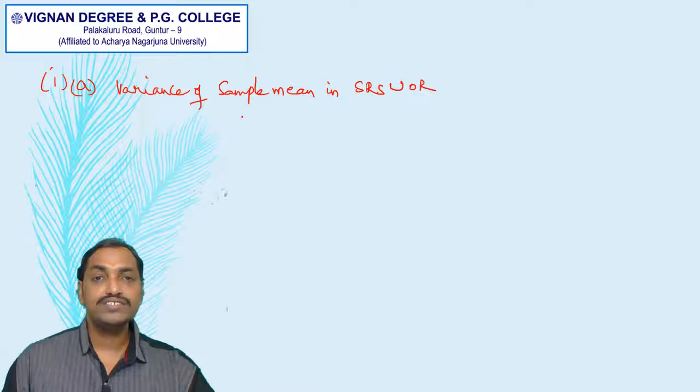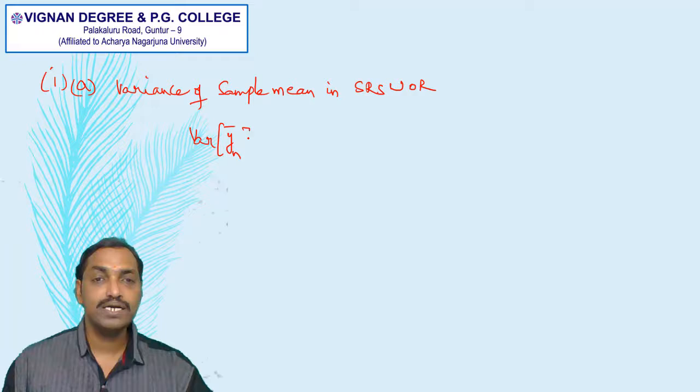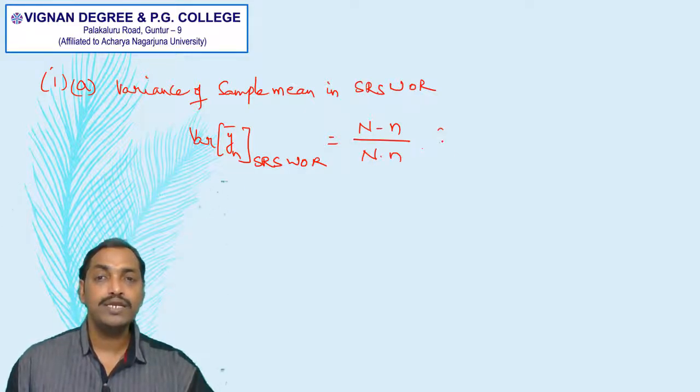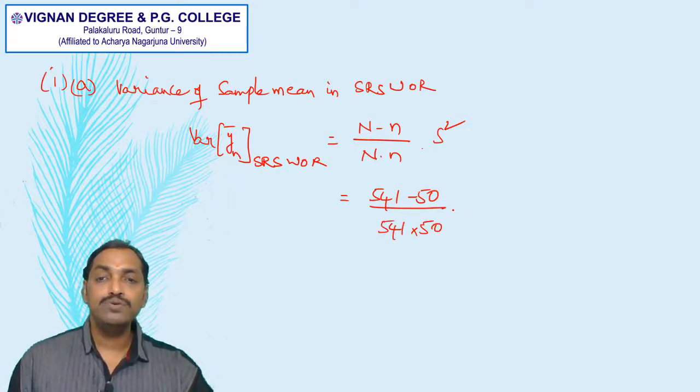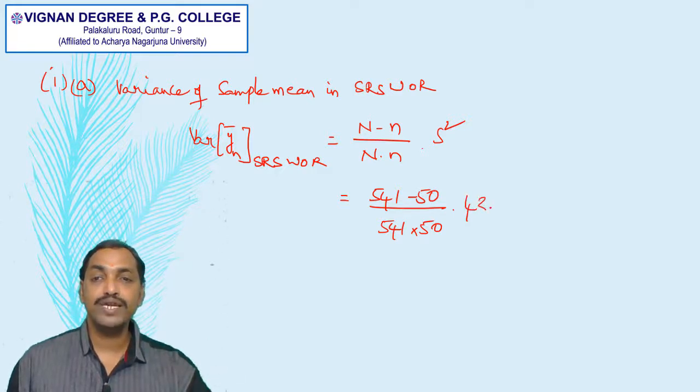The variance of Yn bar in simple random sampling without replacement is equal to capital N minus small n divided by capital N into small n into capital S square, which is equal to 541 minus 50, because here we have to find all these cases for a sample of 50 policies. So, small n is equal to 50, over 541 into 50, into capital S square, which is 43.37, just now calculated in the previous slide.